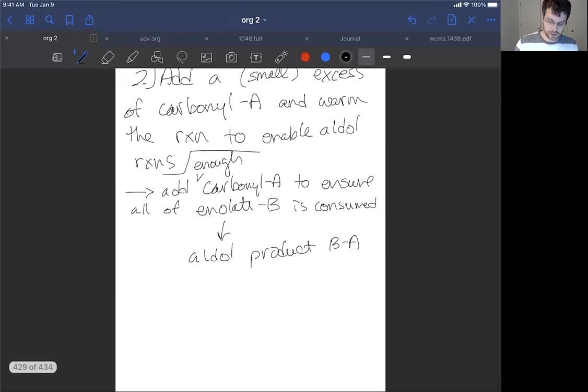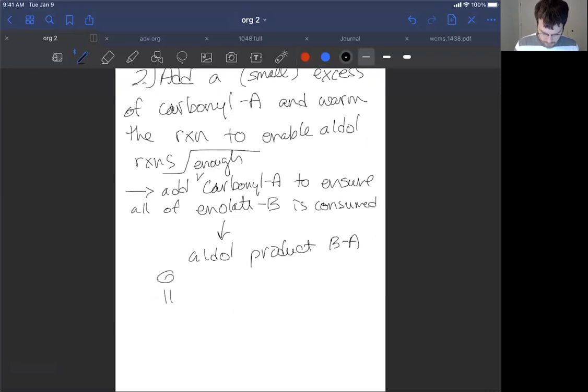Okay, and we can look at that here in a second, or I could just draw it. Here's enolate B. Now I know it's got this aldehyde character to it, but that's not a real aldehyde, because I could show another resonance structure where it's double bonded to carbon, oxygen with a negative charge. That's not an aldehyde.